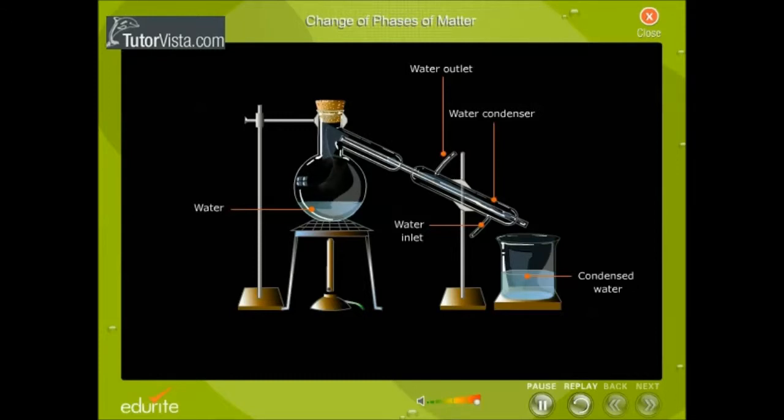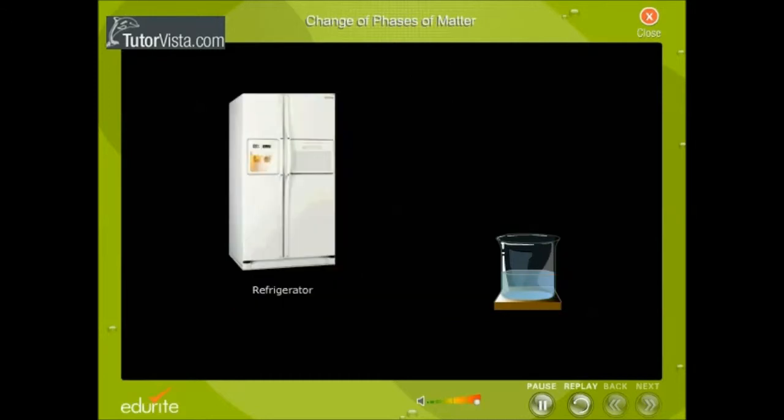This process by which steam is converted to water is known as condensation. Once the steam gets completely converted to water, deep freeze the water collected in the beaker after condensation. We get back water in the form of ice.